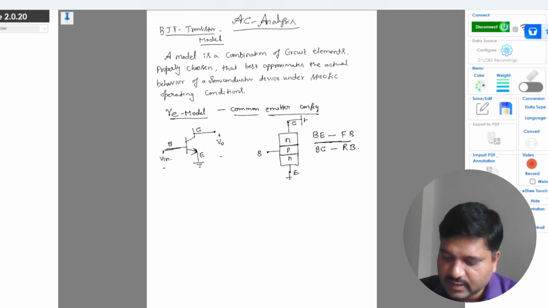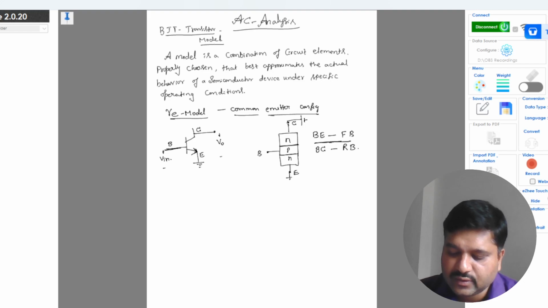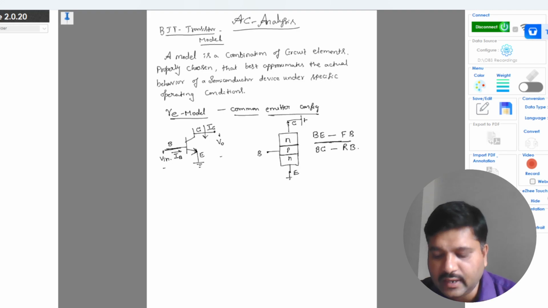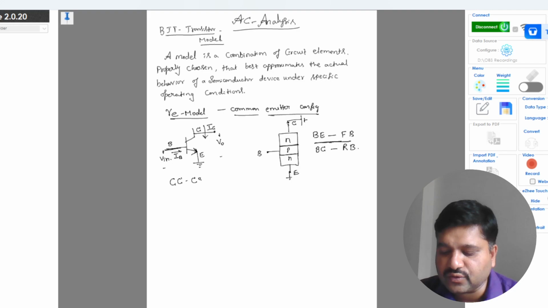Here the transistor in a common emitter configuration is operated by giving an input voltage to the base, so that the input current IB is obtained and that controls the output current IC. That means this is basically a current controlled current source.